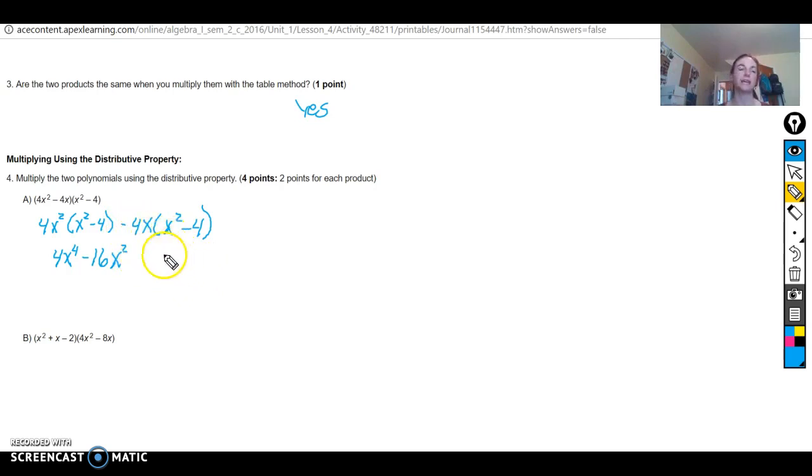Negative 4x times x squared gives me a negative 4x cubed, and a negative 4x times a negative 4 gives me a positive 16x.